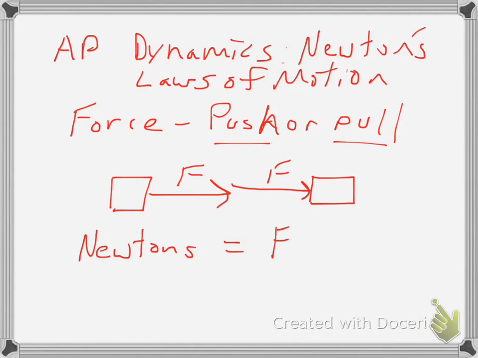So it ends up being that force has units of newtons, and that ends up being a kilogram times a meter per second squared, and so we end up calling that a newton. So both of these are equivalent right here, and that's pretty simple to understand. So a big thing you need to get is that when you think newton, I want you to think back to the derived units of kilogram times meters per second squared.